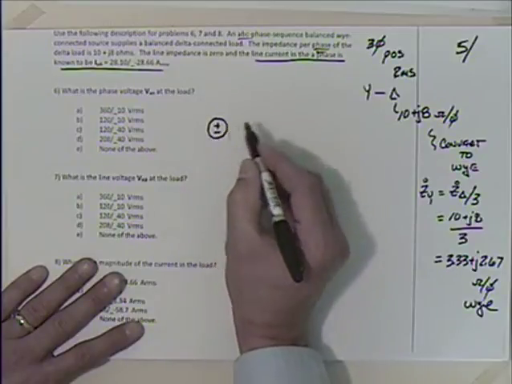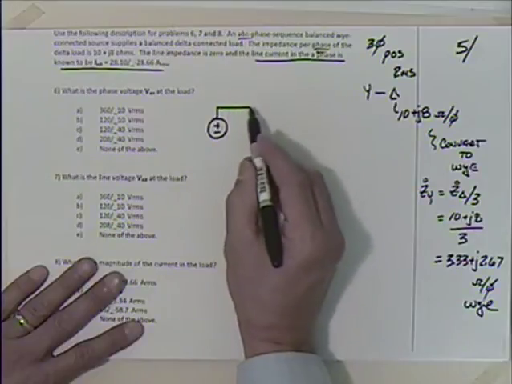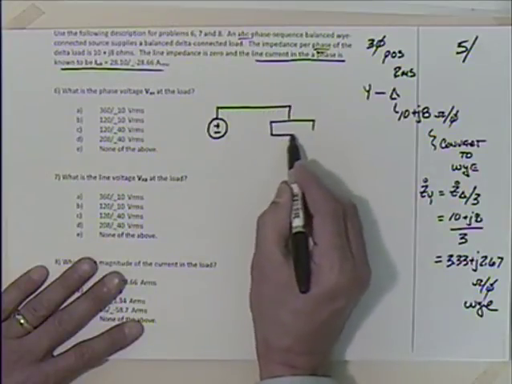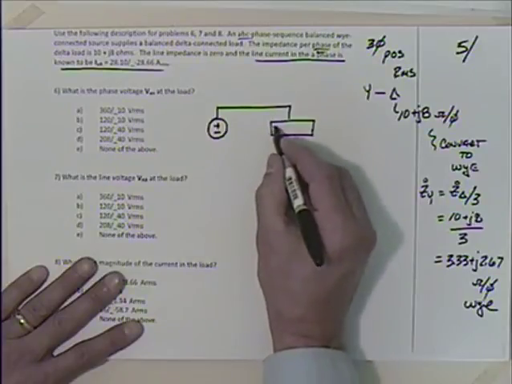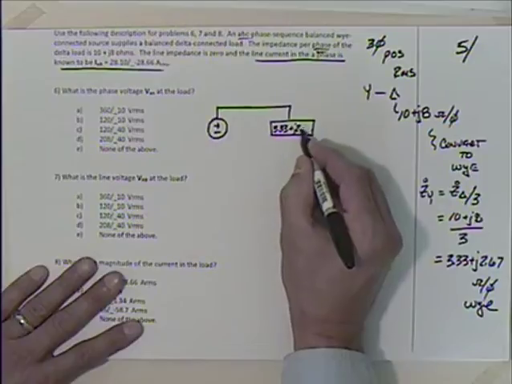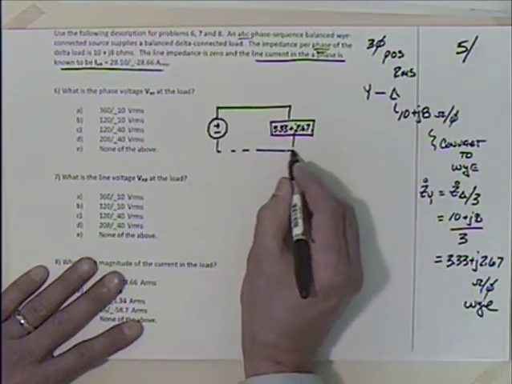I've got my source, and then I don't have any drop in the line, and then I can have this impedance here of 3.33 plus J2.67, and it goes back around here.